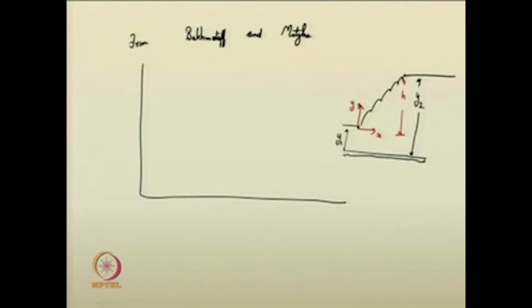Fine. One can easily find the profile, or sorry, those scientists have determined the profiles of the jump in such a way that for this particular ratio x by h, that is how much distance you are traveling from the jump origin in the flow direction, and y is the depth of the jump or the height of the jump starting from 0 here.